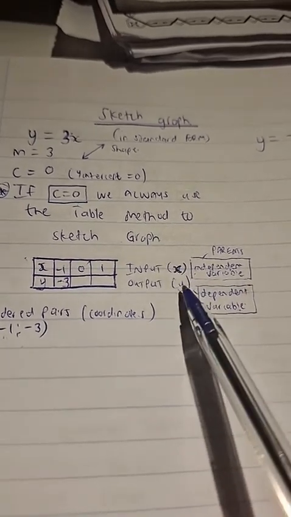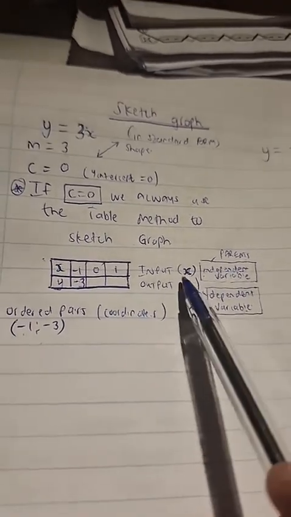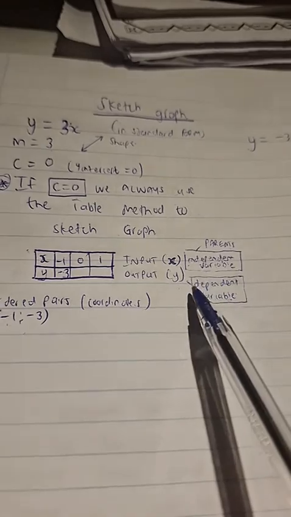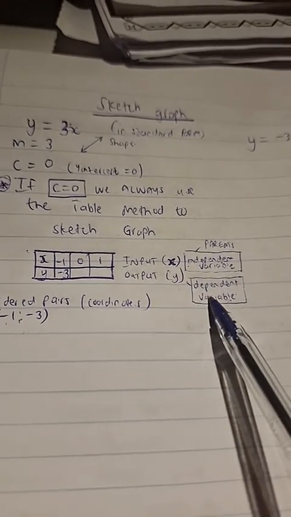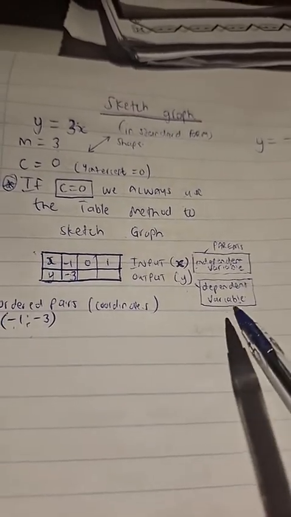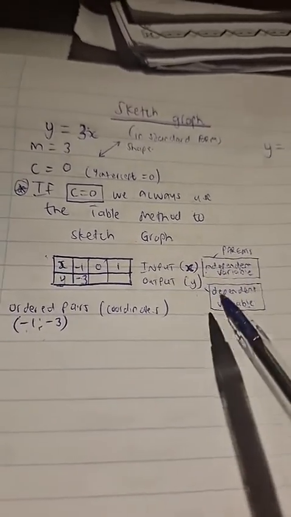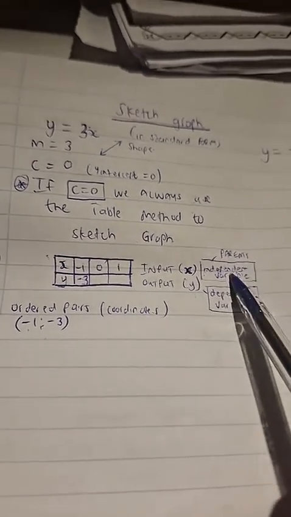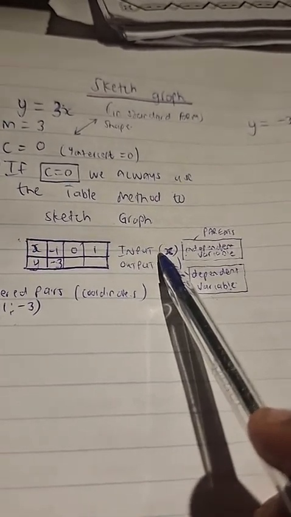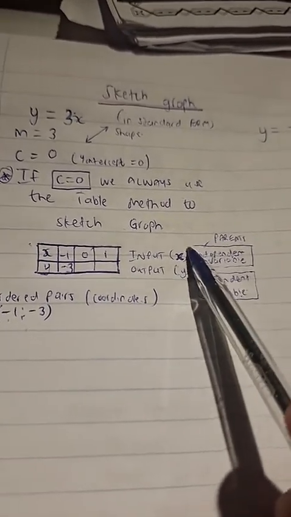If x is not put in, y will not have a value. Just like the son or daughter depends on the parent, y depends on x, not the other way around. X, on the other hand, is independent, does not need y.